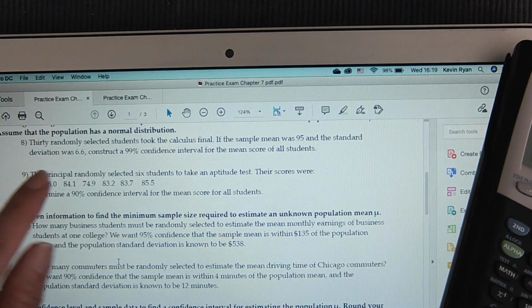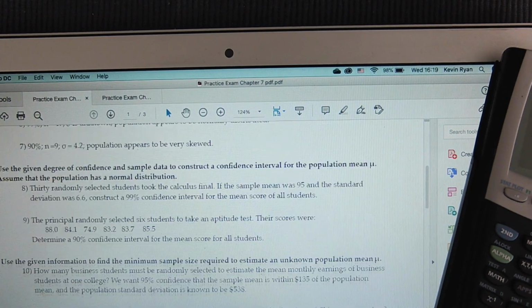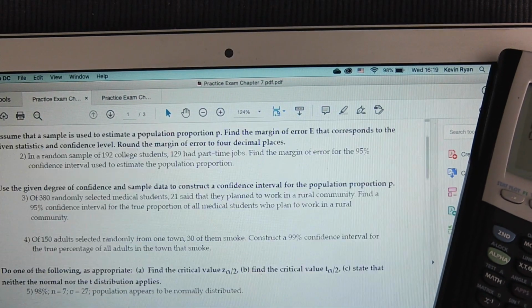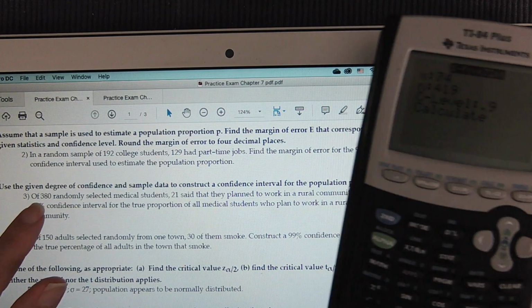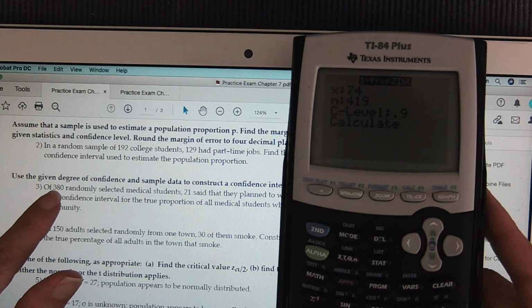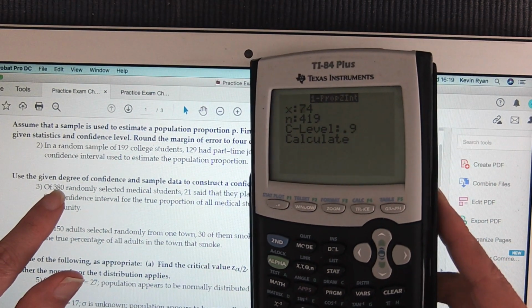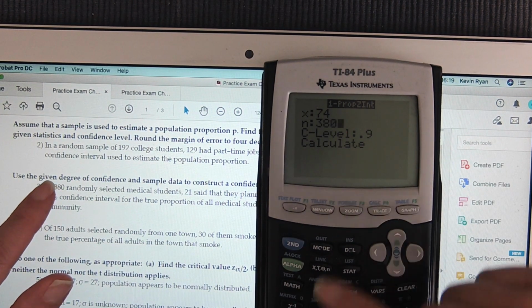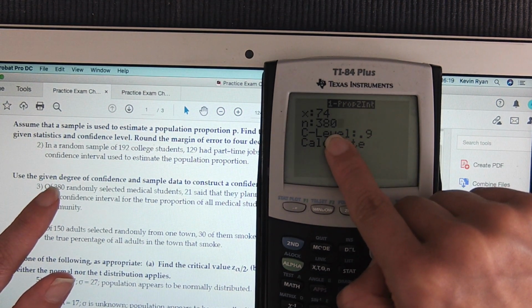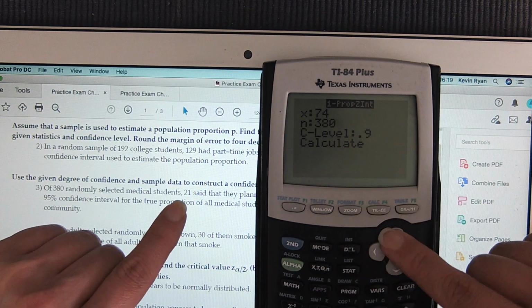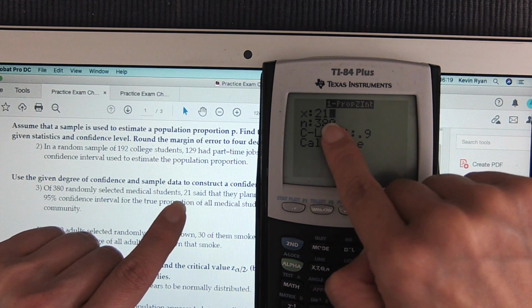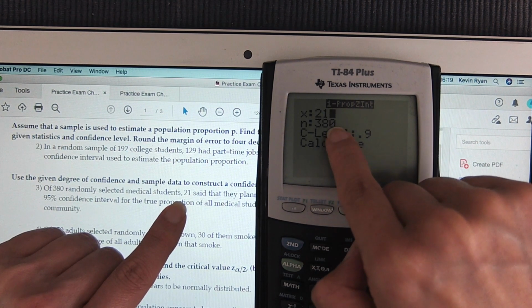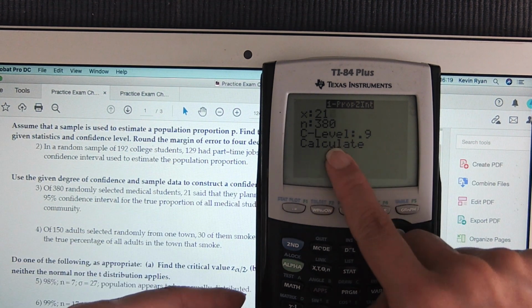Look at it. 380, that's my sample size. That's not the X though. Then there are 21 students, that's the X. It's 21 out of 380. Then what's my C level?